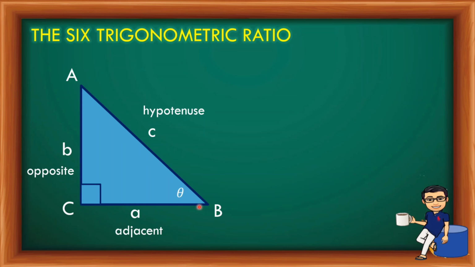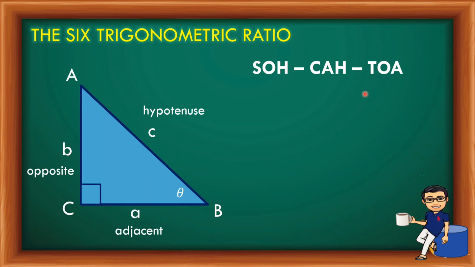So because we are particular with the different sides of the right triangle, we can now go on with the six trigonometric ratios. At para mas madali nating matandaan ang six trigonometric ratios, ito lamang ang ating tatandaan. So, ka, toa. This SOH CAH TOA represents the three basic trigonometric ratios.